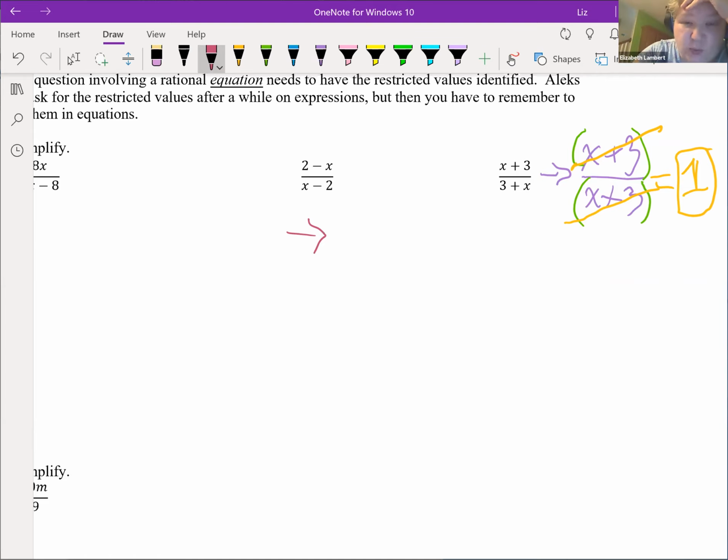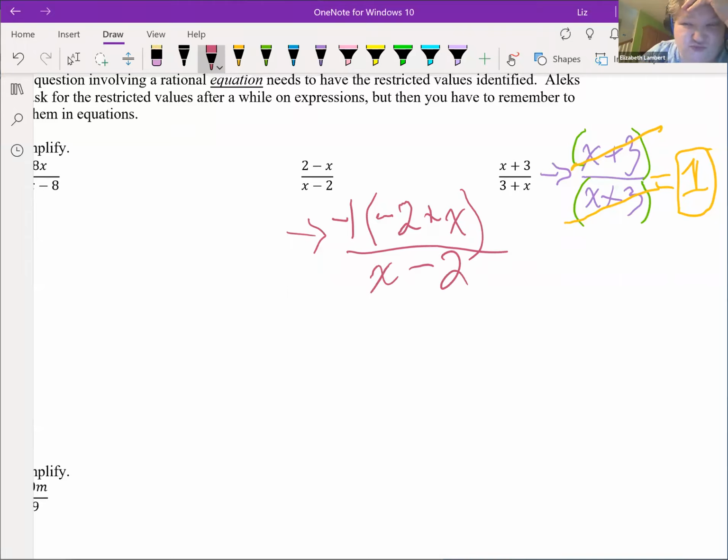I'm going to do it kind of weird at first. So the negative 1, so I'm thinking negative 1 times what would get me back to positive 2? That would be a negative 2. The negative 1 times what would get me back to negative x? So negative 1 times a positive x would get me back to the negative x.